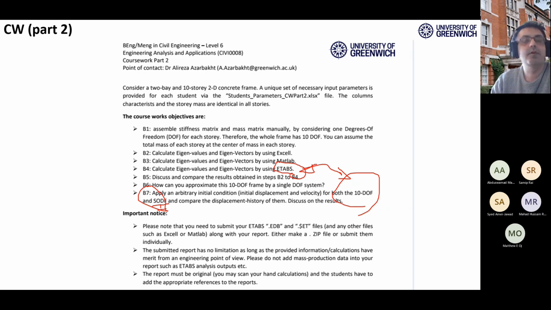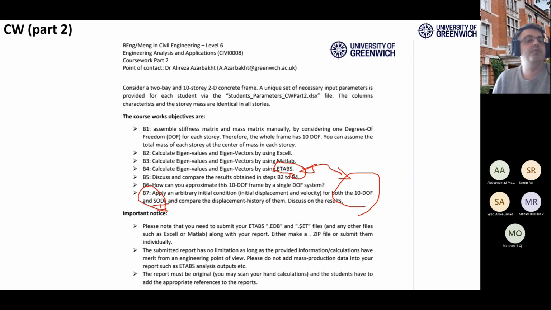Good. So the important notes at the bottom of the coursework part two, please read them carefully. It states that whatever you have used for your coursework, you need to upload with your report.